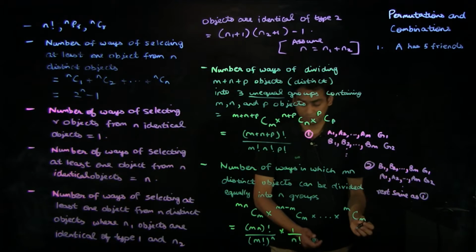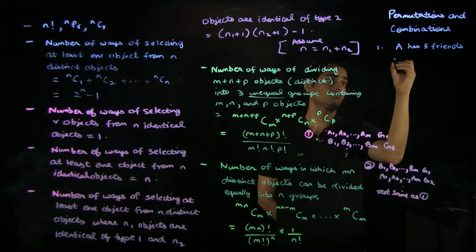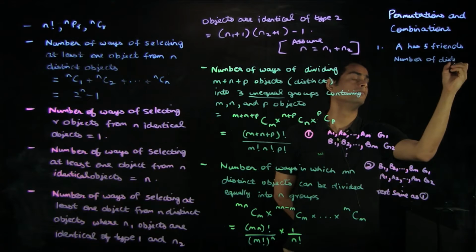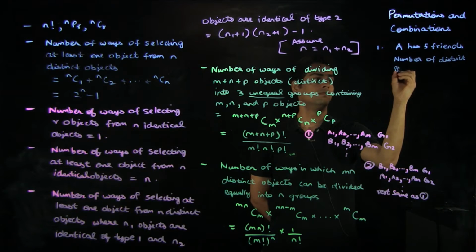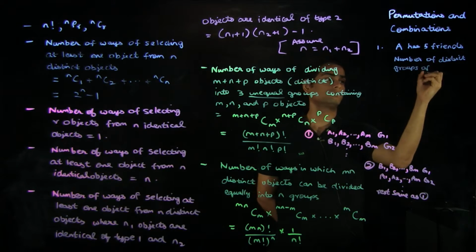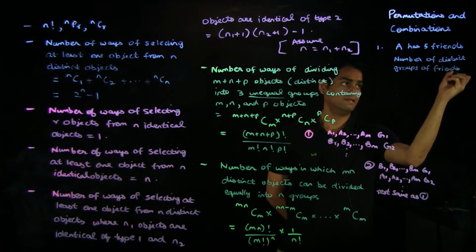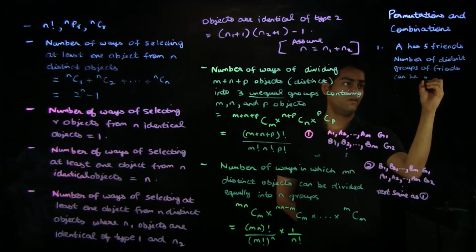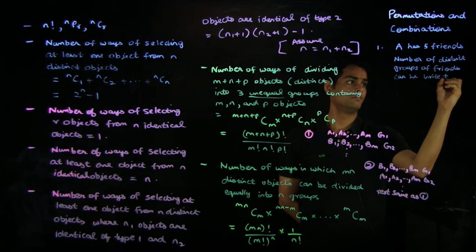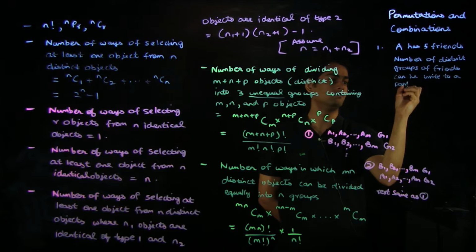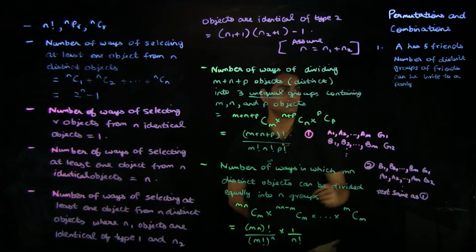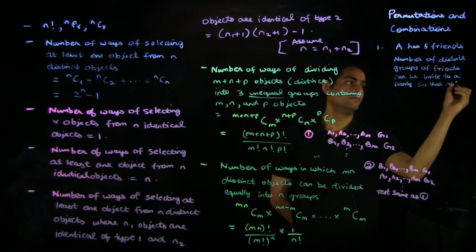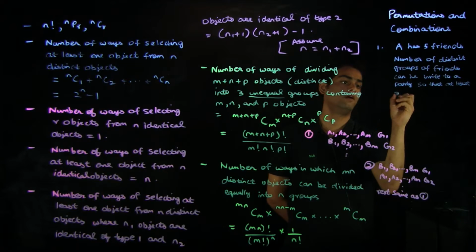How many distinct groups of friends can he invite to a party so that at least one friend is invited?